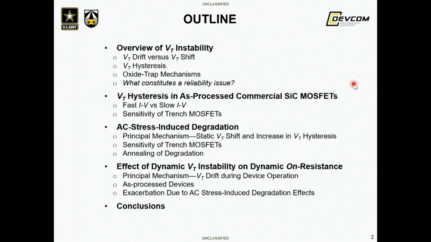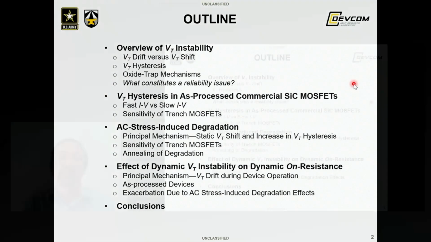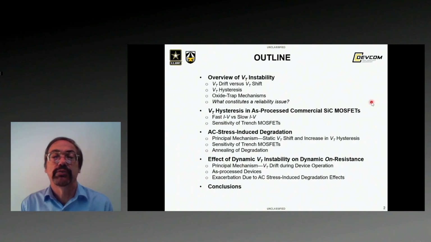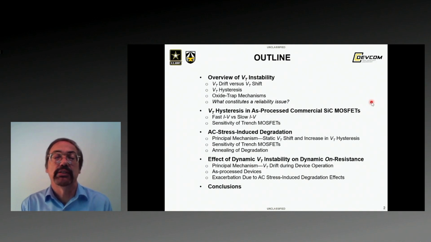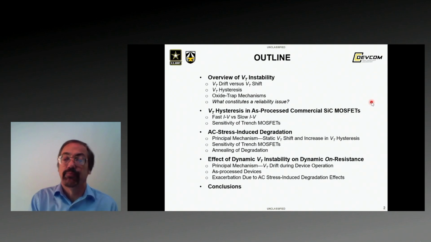And then also that this degradation can actually be annealed out. And then the last section, I'll talk about the effect of dynamic VT instability on dynamic on resistance. The principal mechanism is simply the VT drift that occurs during device operation. And I'll show effects in both as processed devices and devices that have been degraded due to AC stress effects.